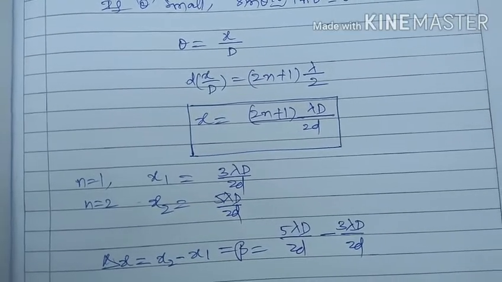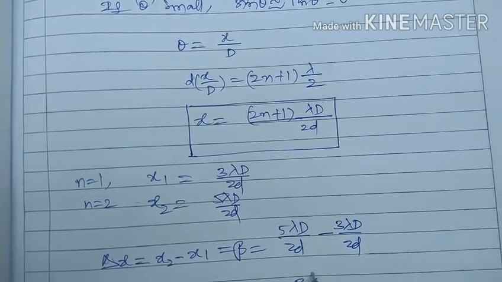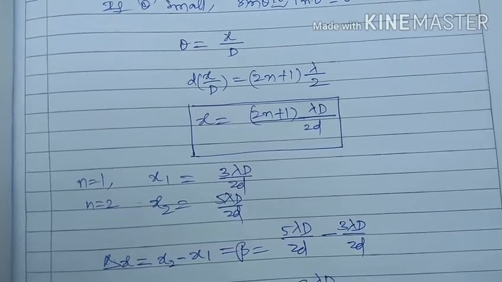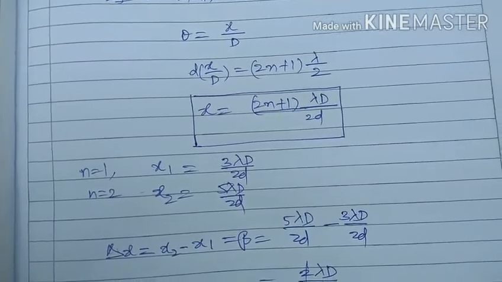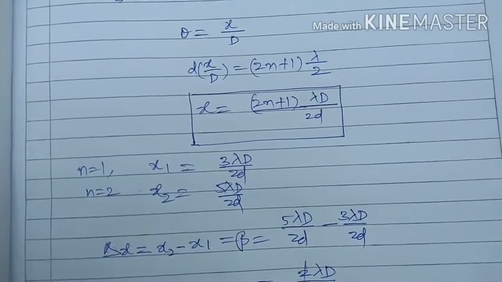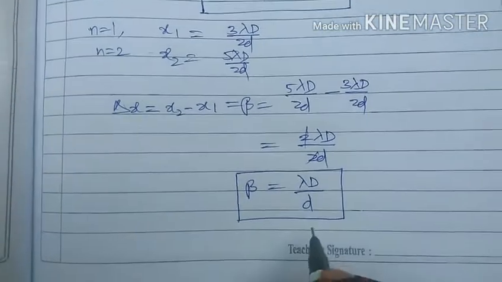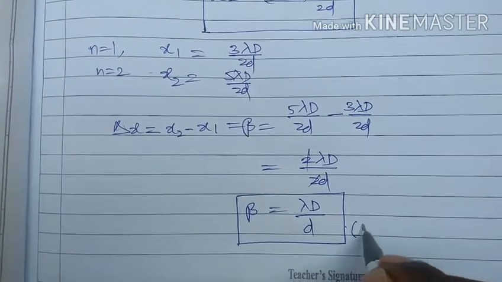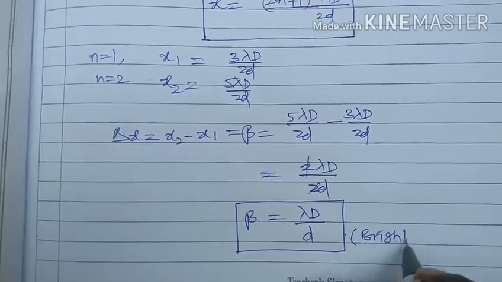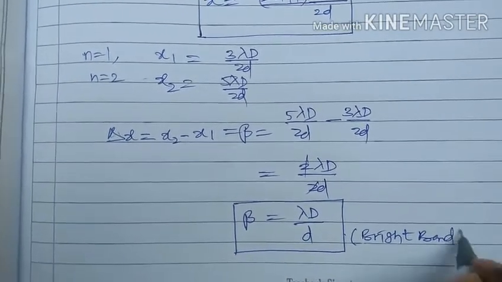So it can be written as 2 lambda D by 2d, that is equal to lambda D by small d. So whereas beta, this is the difference between two successive dark bands. It will be given to us the width of the bright band.